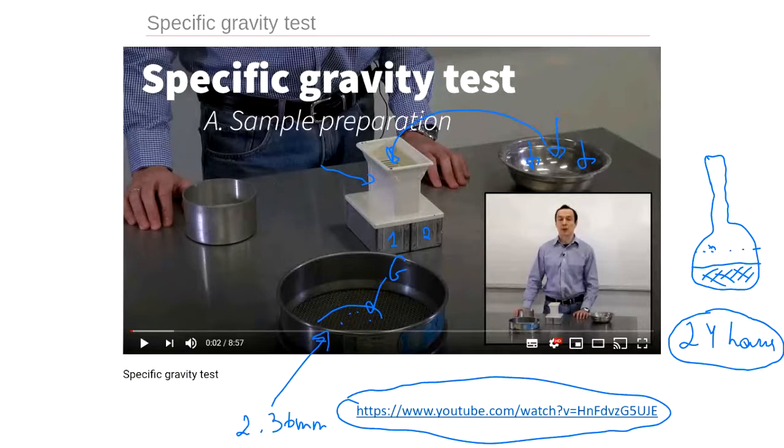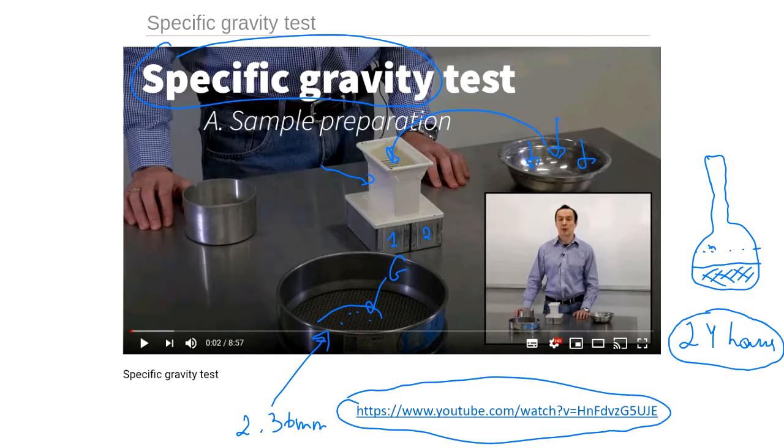Okay, so you probably know what specific gravity is, right? I'm talking about the test, but I'm not sure if you still remember what specific gravity means. Why do we need to get specific gravity? Anybody knows the meaning of specific gravity, or why we use it? Relative density is actually a different thing.